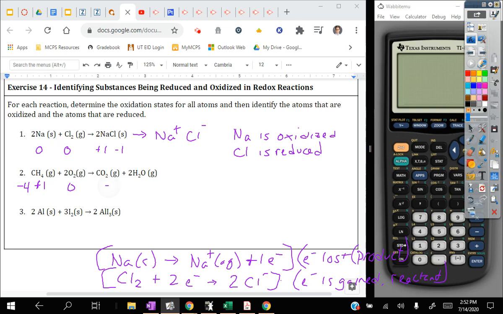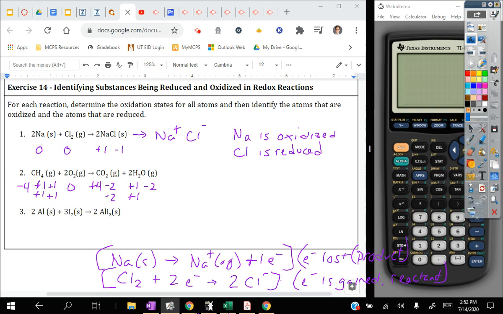Here, each of these oxygens is -2, so carbon has to be +4, since -2 and -2 gives me +4. And then here, -2 for my oxygens, and each hydrogen has to be +1. I've got 4 +1s over here for my hydrogens.